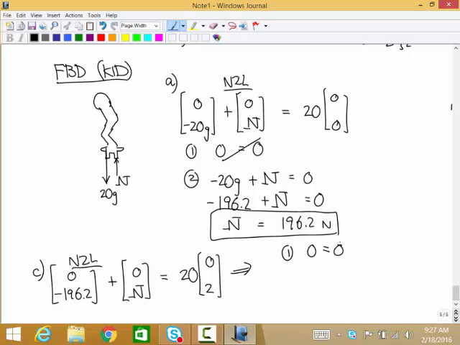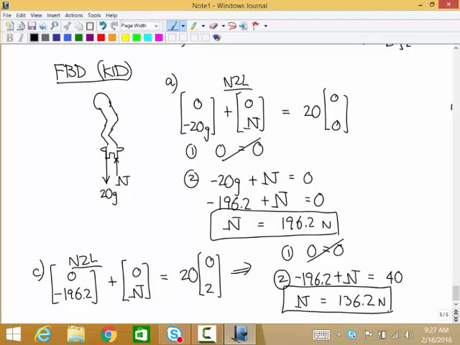The first one, 0 equals 0, not useful. The second one is useful. Negative 196.2 plus the normal is equal to 40. And so N is equal to 236.2 newtons. Yes, I do. Indeed, I do.